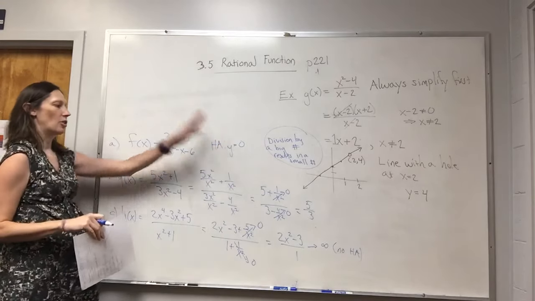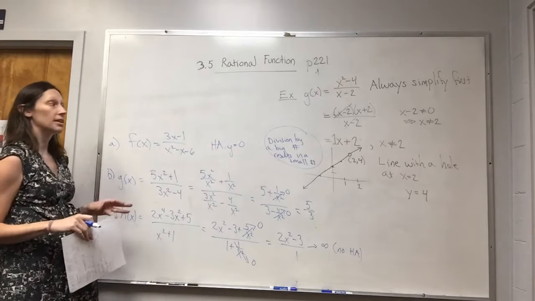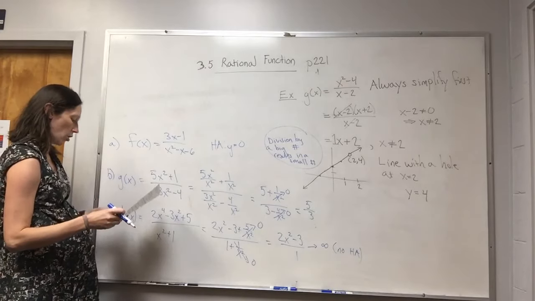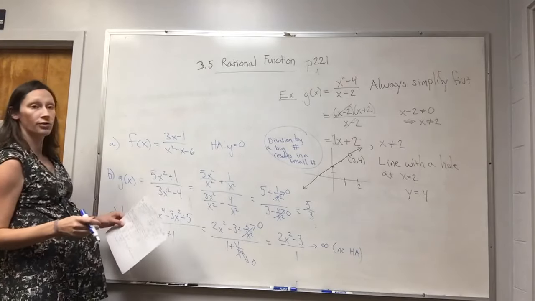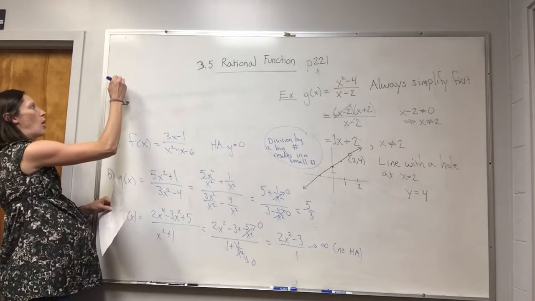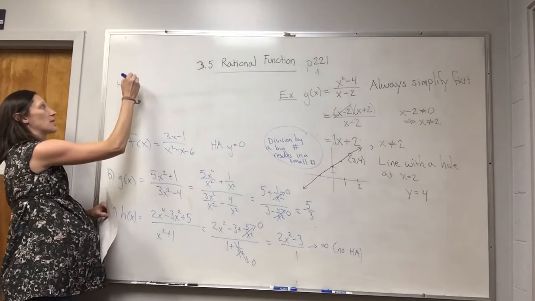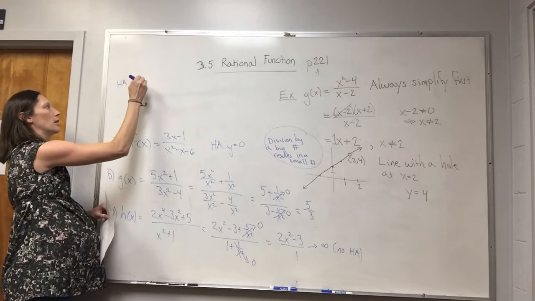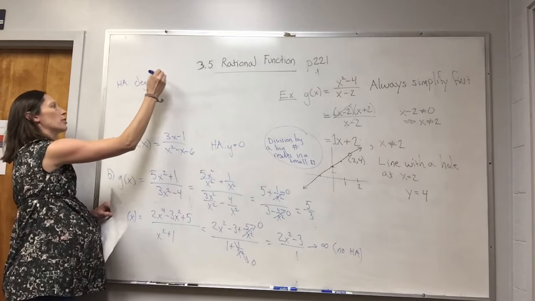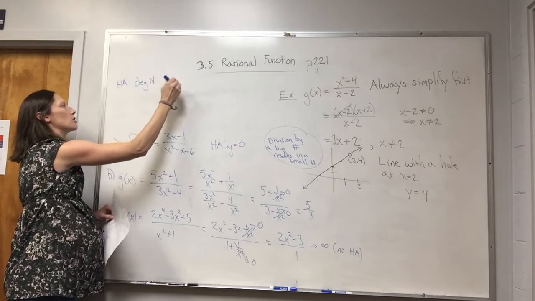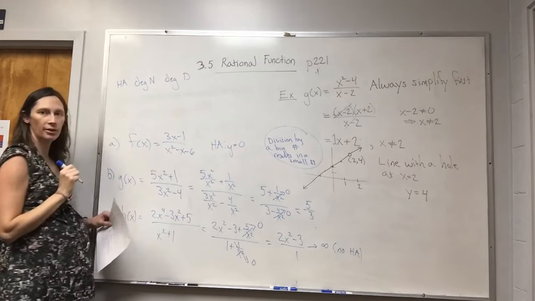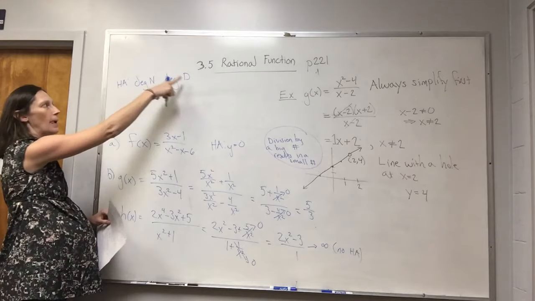So, trying to make some generalizations here. Our rules are going to tell us the following. This is all for horizontal asymptotes. We're always going to look at the degree of the numerator function and compare it to the degree of the denominator function, top and bottom.